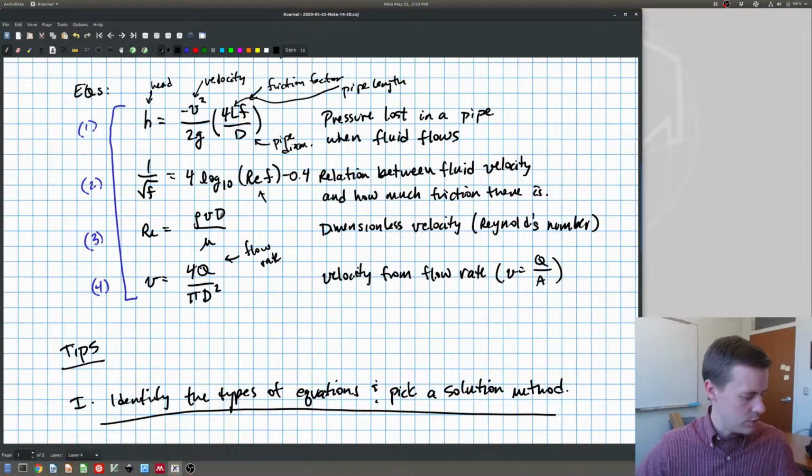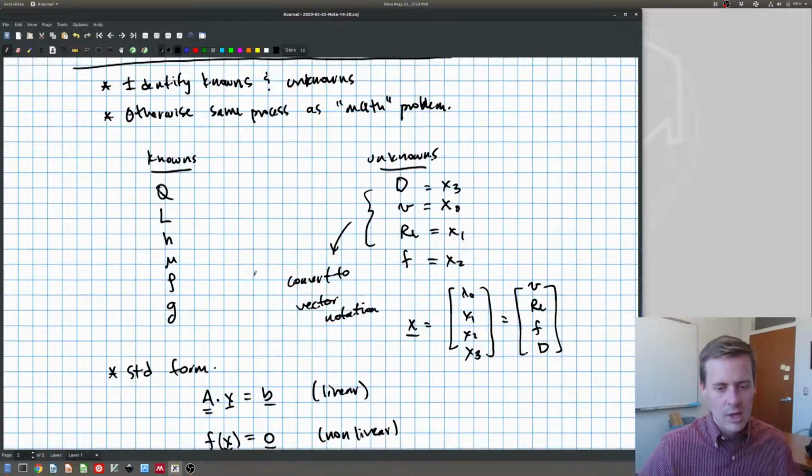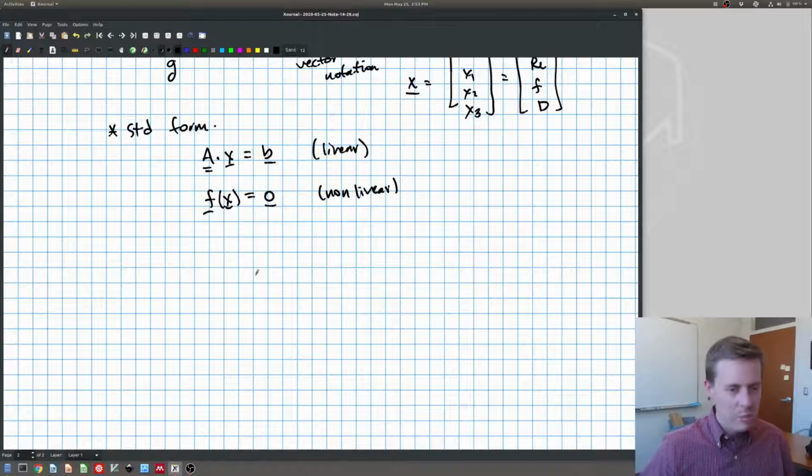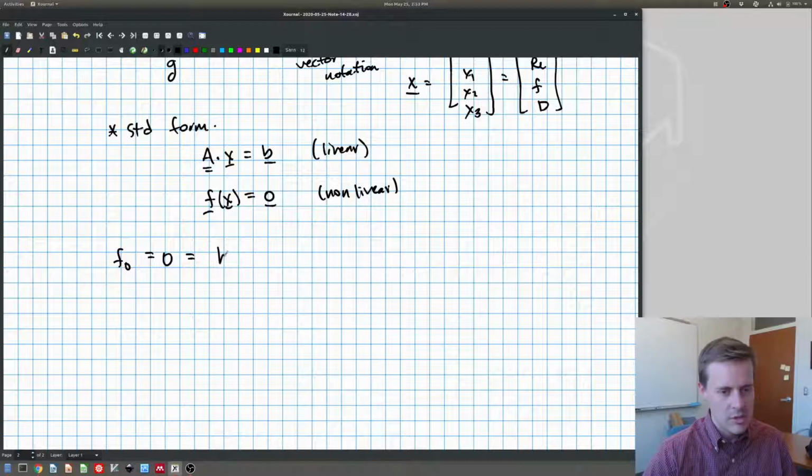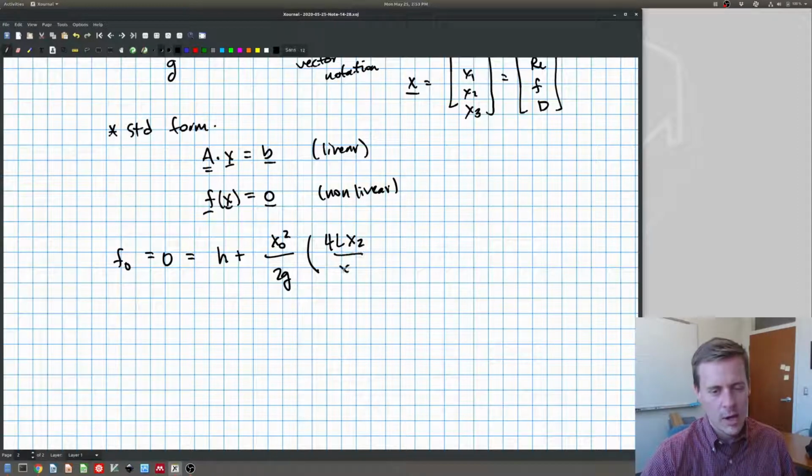I'm going to scroll down and write that out. I can't flip back and forth because I think I'm just going to lose you. So my first equation, which I'm going to call f0, equal to 0, is going to be h plus x0 squared divided by 2g multiplied by the quantity 4l x2 divided by x3.